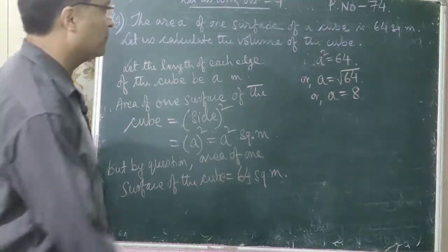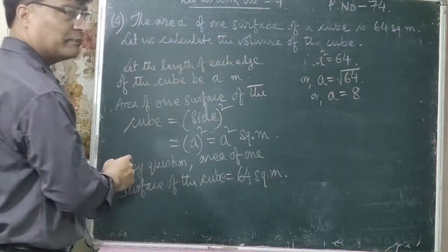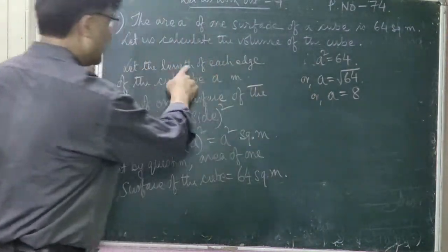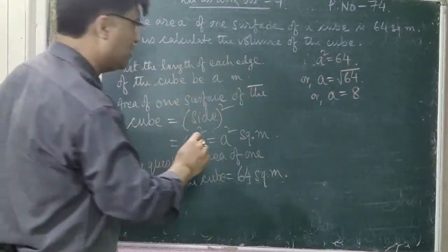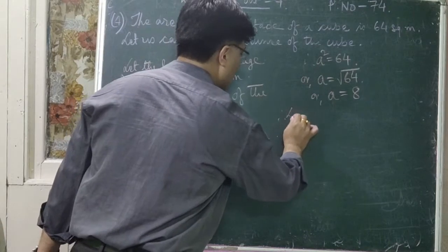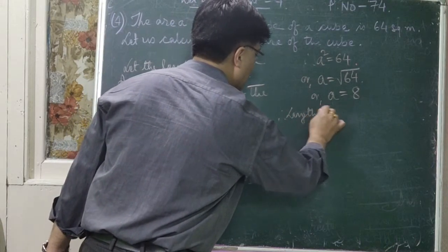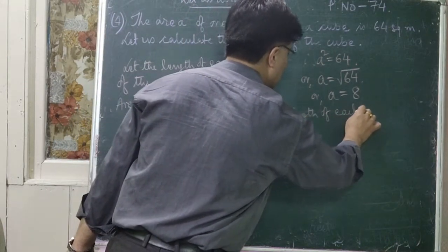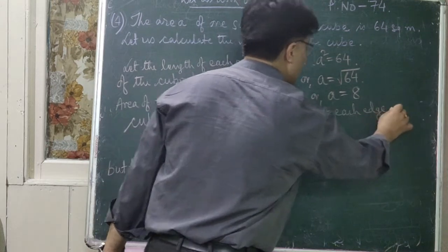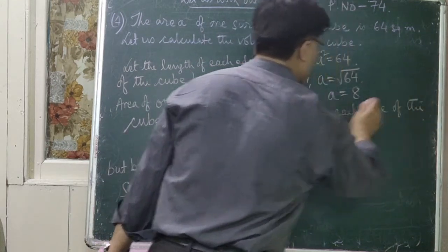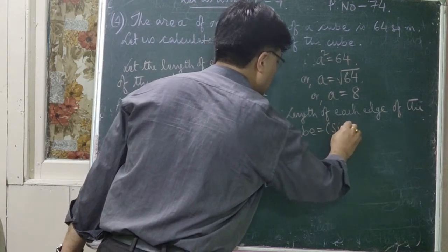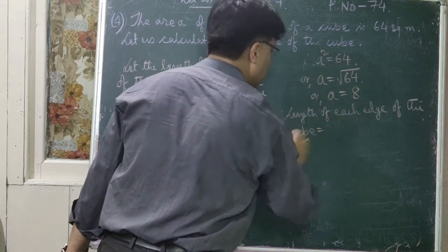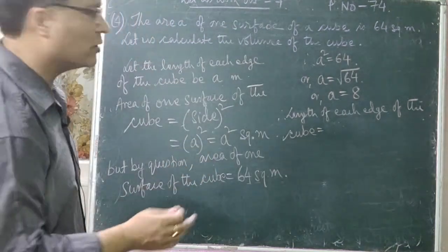That is your 8. But see, a हामीले के सपोज गरेको थियौ, a was assumed as length of each edge of the cube is equal to a meter, that is your 8 meter. Therefore, length of each edge of the cube is equal to what is the formula?